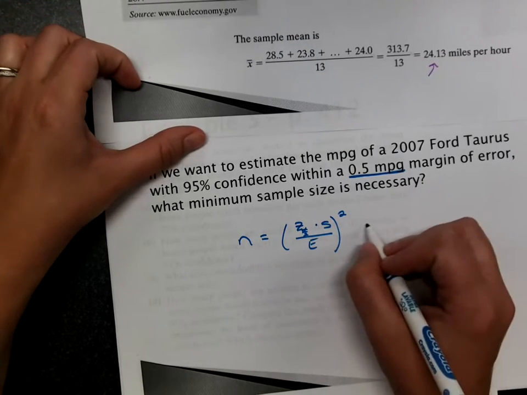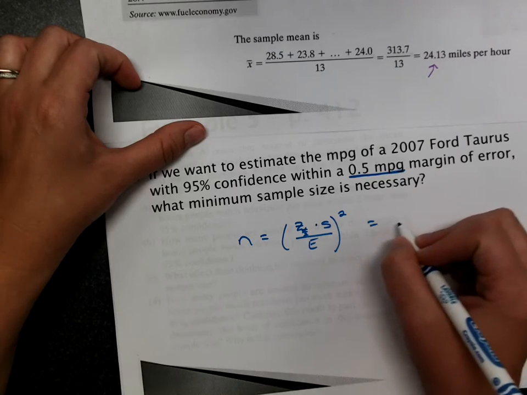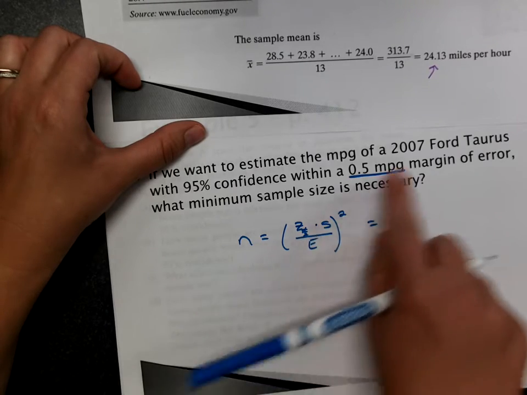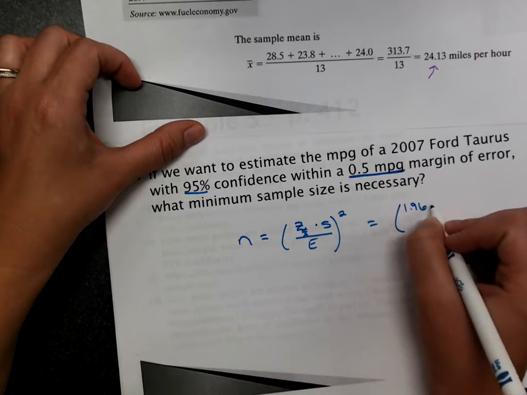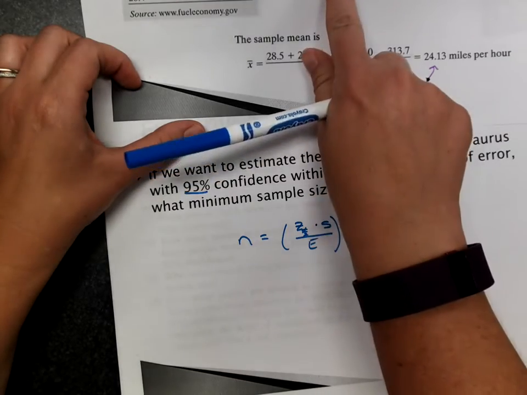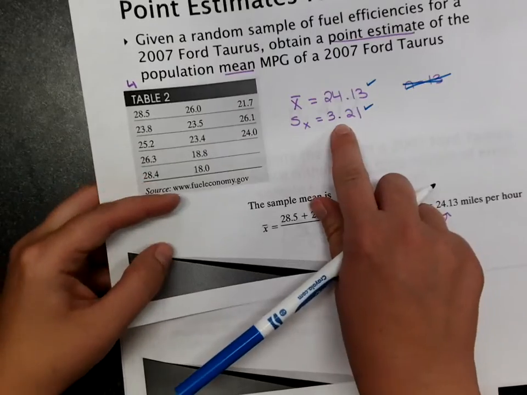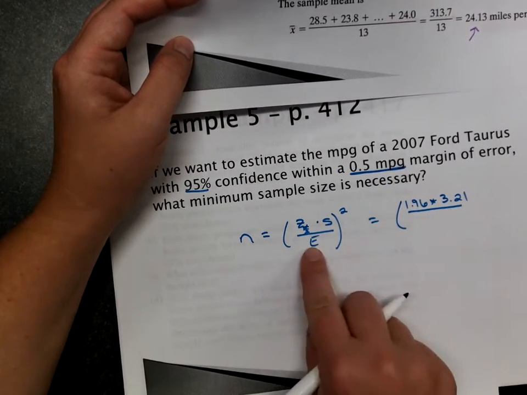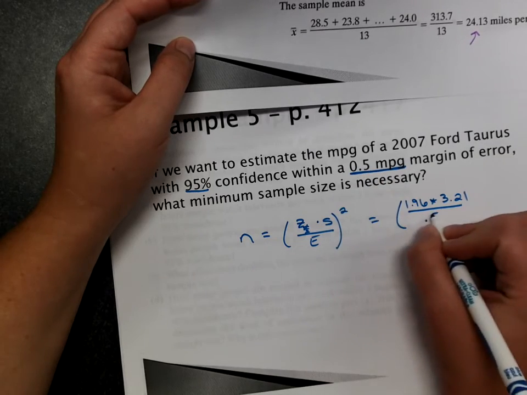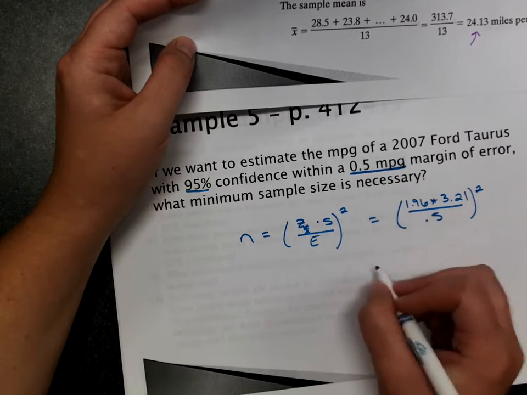So we have the critical value for 95% confidence, which is 1.96, times the standard deviation that we had previously, 3.21, over the margin of error which they gave us in the problem, and the whole thing gets squared.